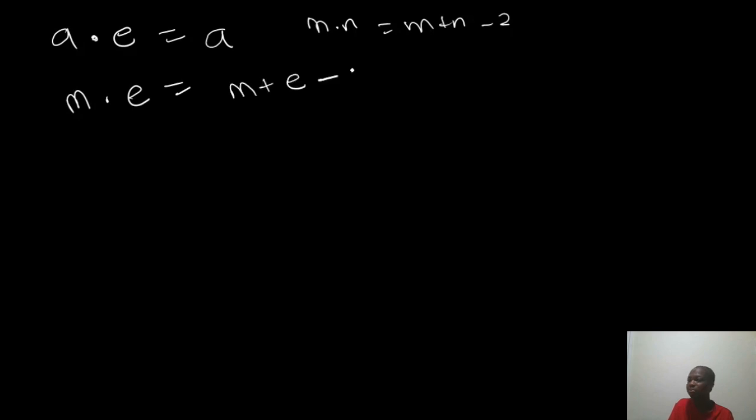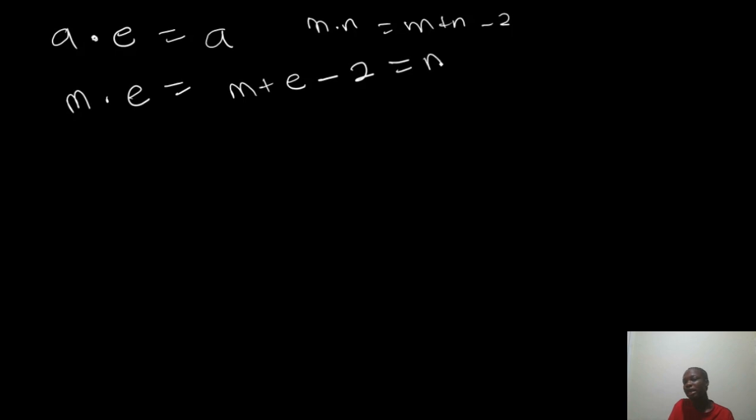So here, in place of our n, we are going to put e there. Using the rule, m dot n is equal to m plus n minus 2, so we are going to get m plus e minus 2, which should give us the element m back.